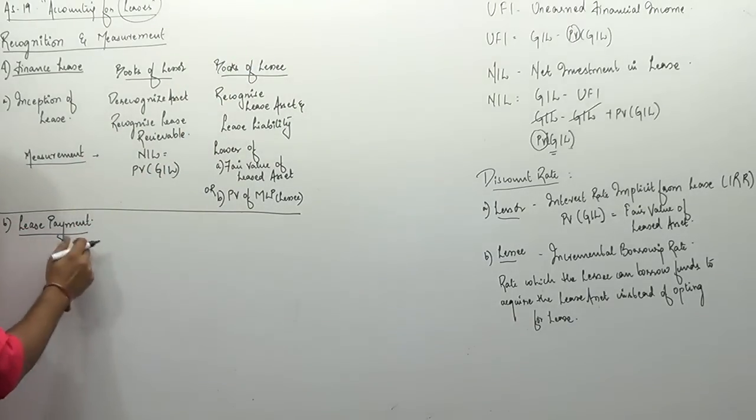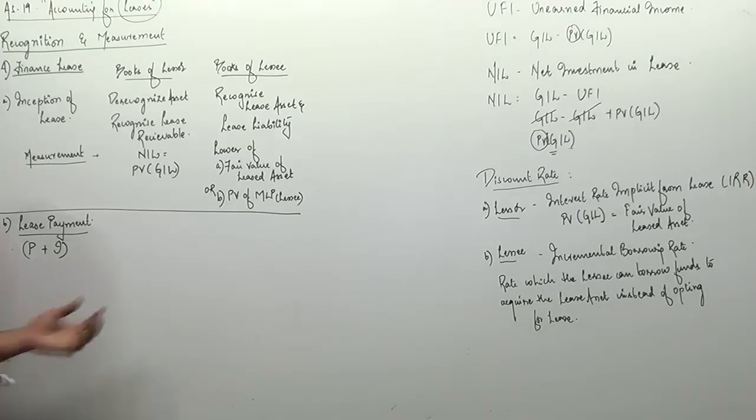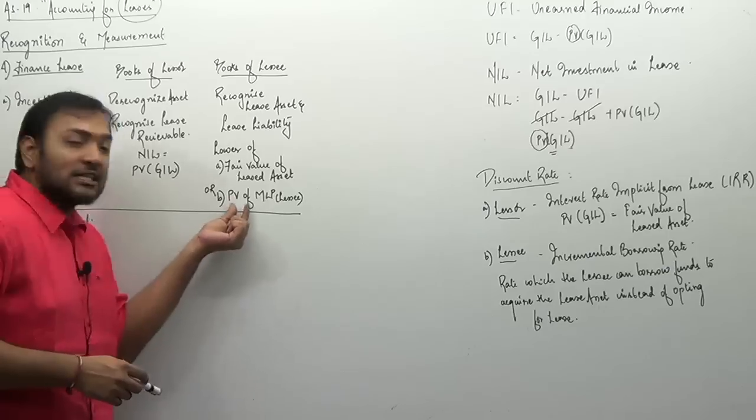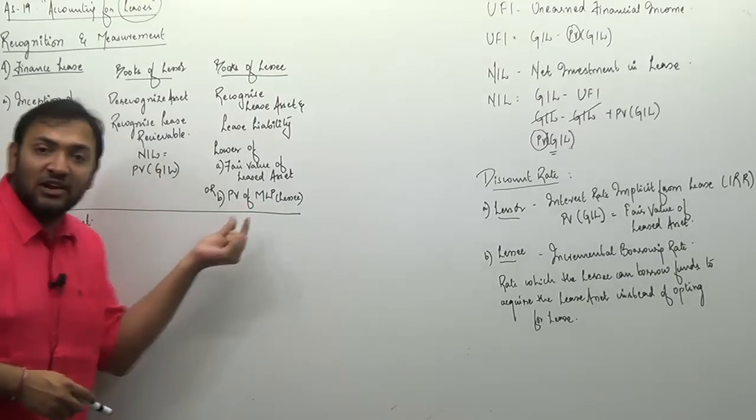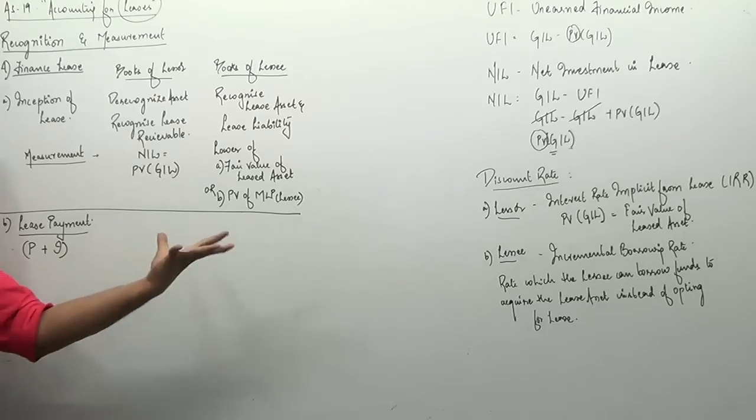Every lease payment should be divided into principal plus interest. This should always be there, because in both cases I am recognizing it at present value, but the lease payment is the original payment, which is not at present value. So we'll start splitting it.